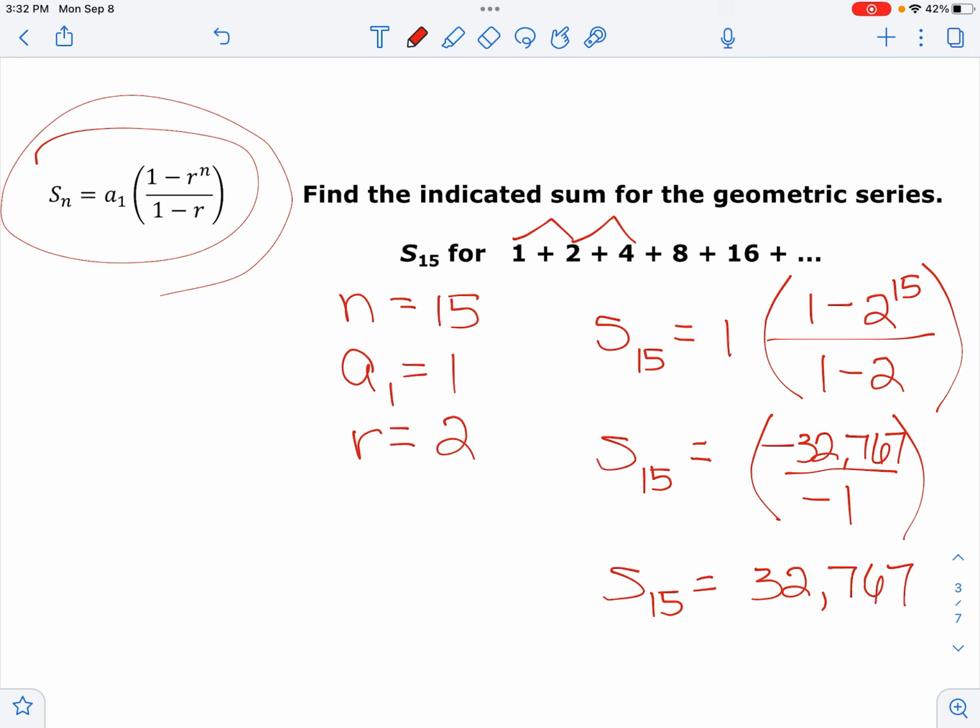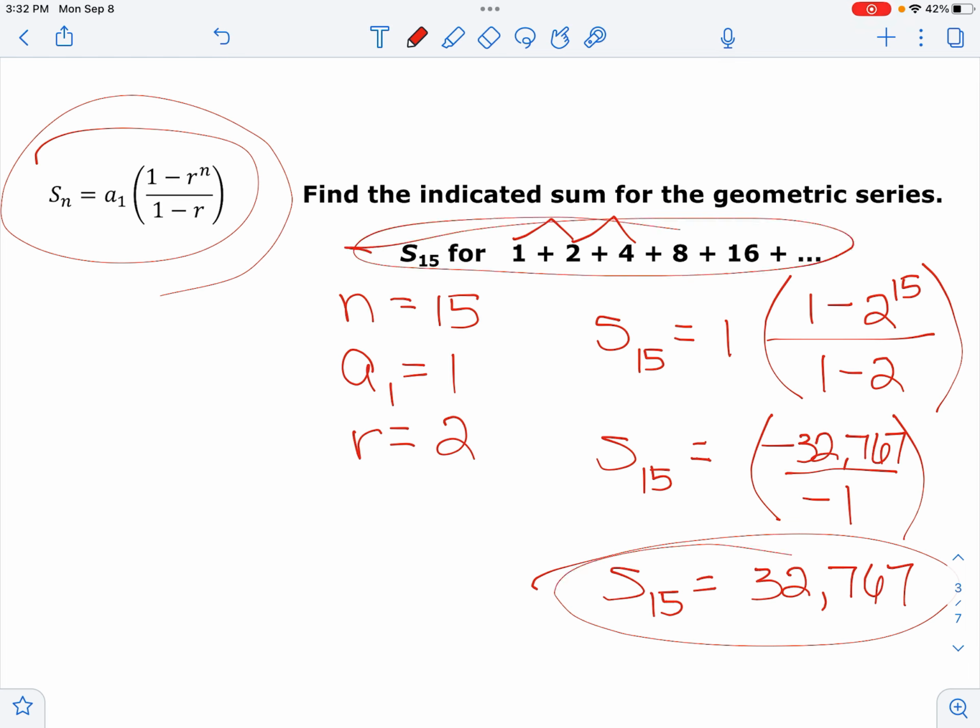So does this make sense? If you were to take the first 15 terms in this series and add them together, you would get 32,767. Well, since it's doubling, it's going to increase really quickly, exponentially, right? So yeah, that makes sense.